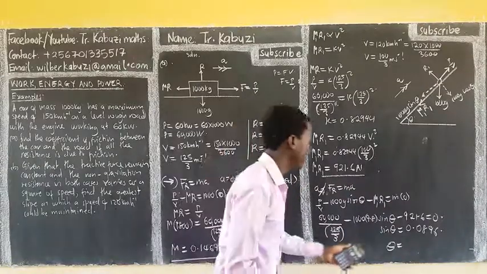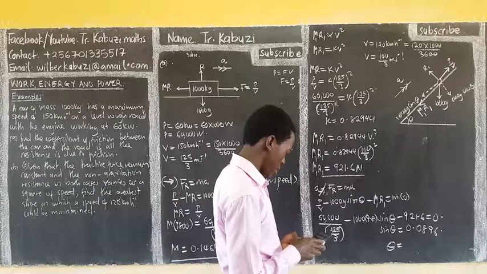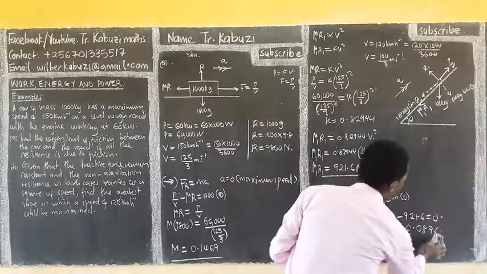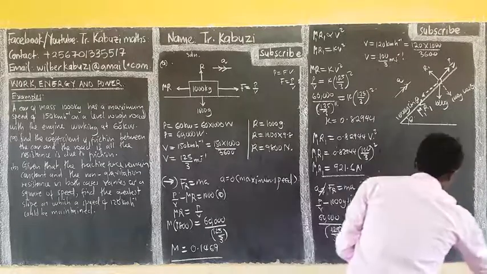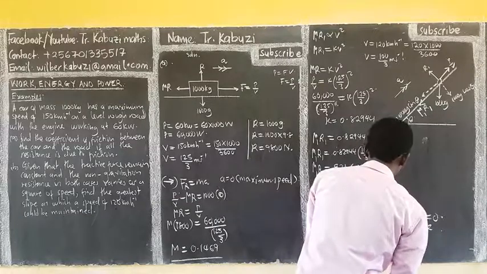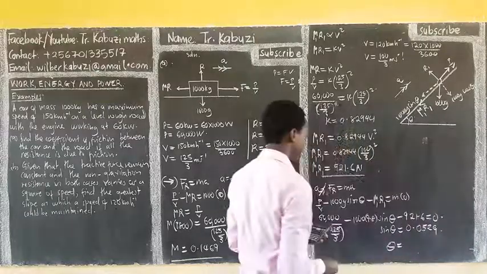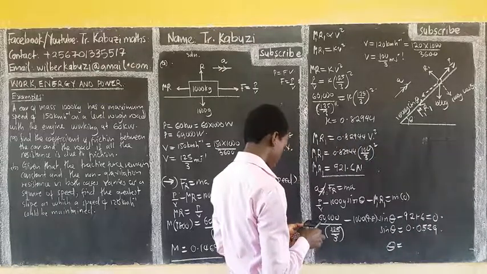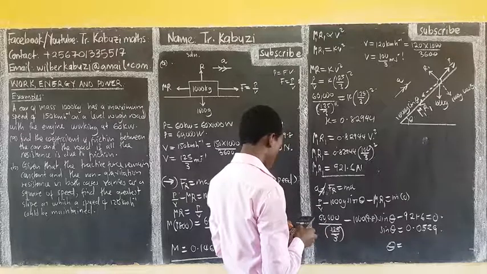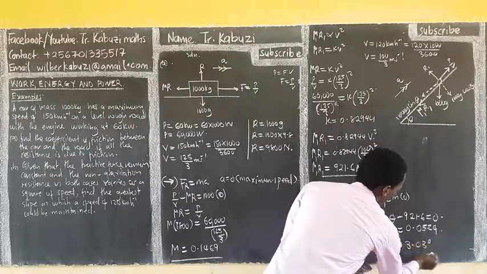So when we press this on the calculator, our sin theta is also changing to 52.9, and we press the inverse, and we get 3.03 degrees.